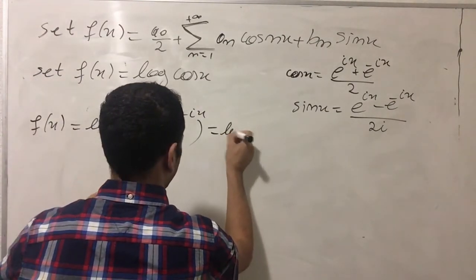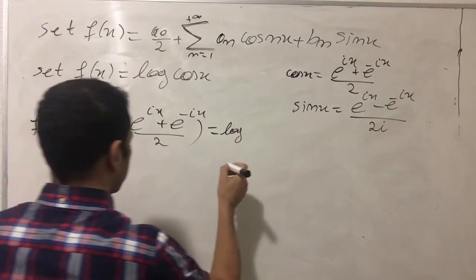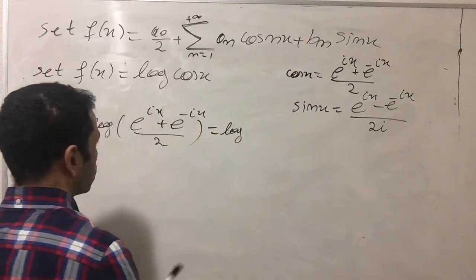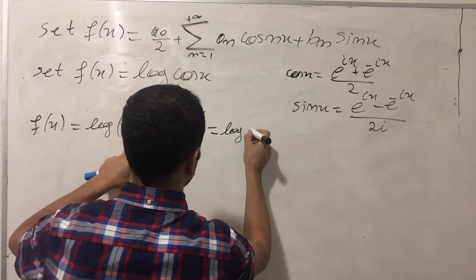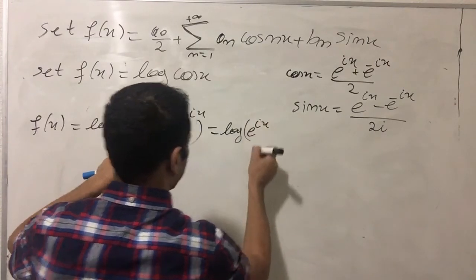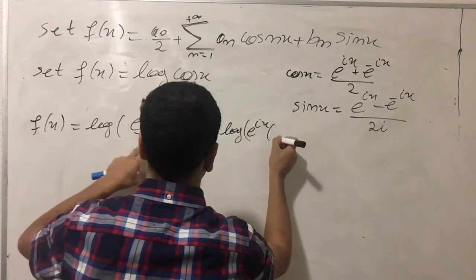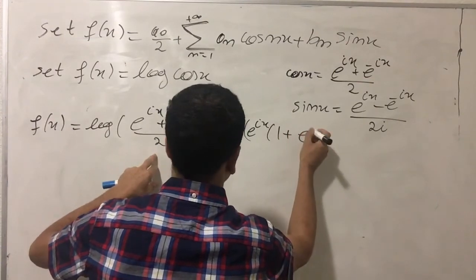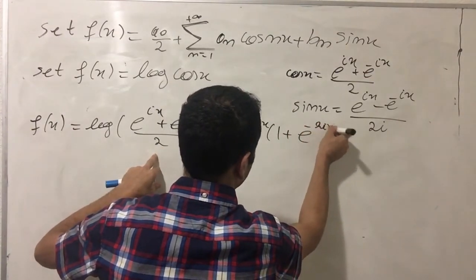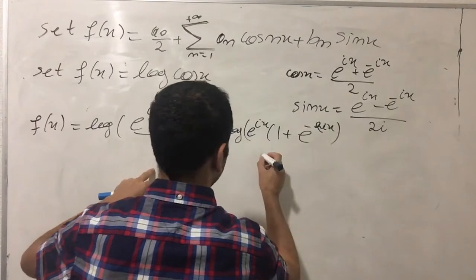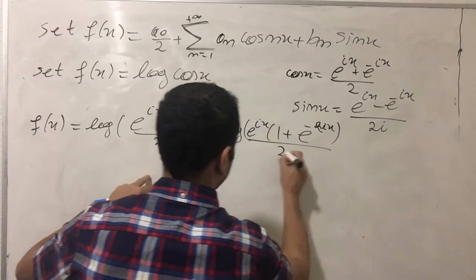I will have natural log of e to the ix multiplied by 1 plus e to the minus 2ix, over 2.